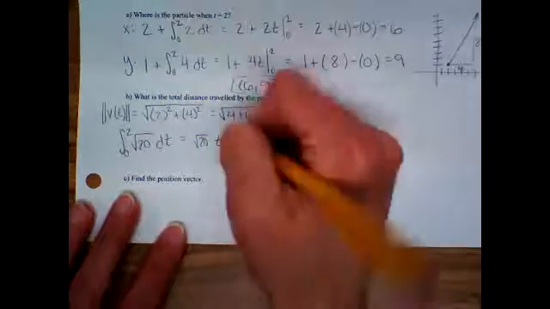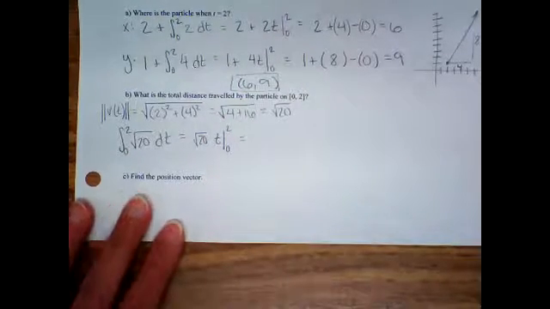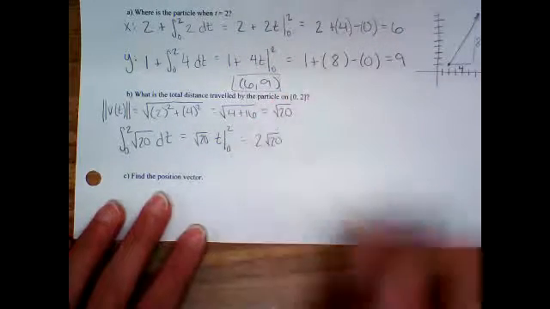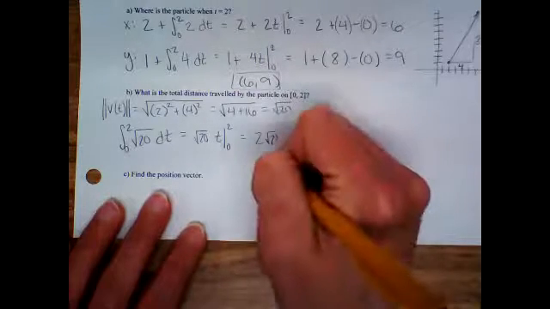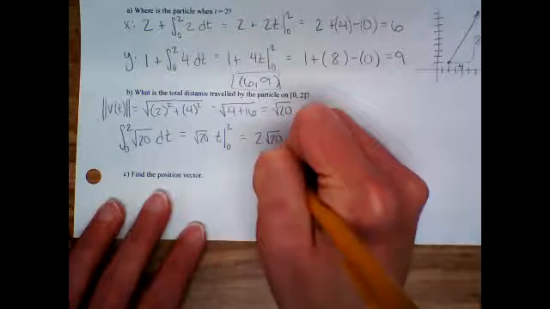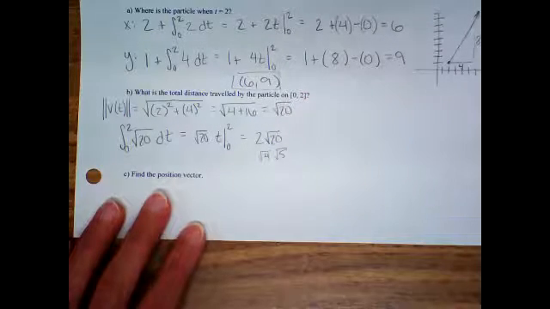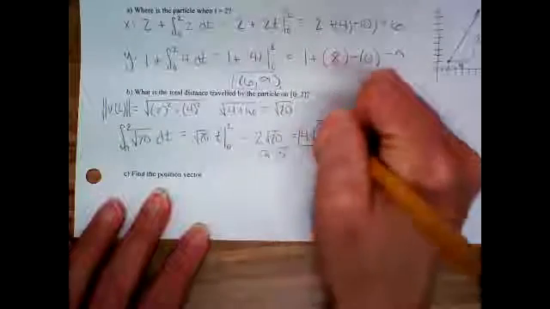It's just square root of 20 t from 0 to 2. Upper boundary minus lower boundary, it would just be 2 square root of 20. Let me simplify that. Square root of 20, do you guys remember how to split these? What's that going to split into? Yep, 4 and 5. Square root of 4 would be 2. So this would be 4 square root of 5.